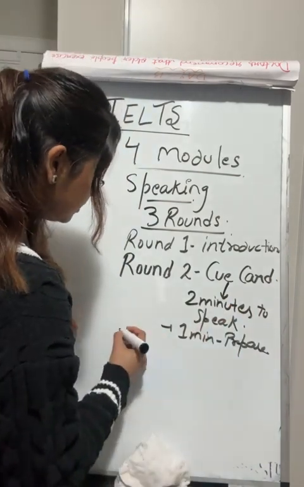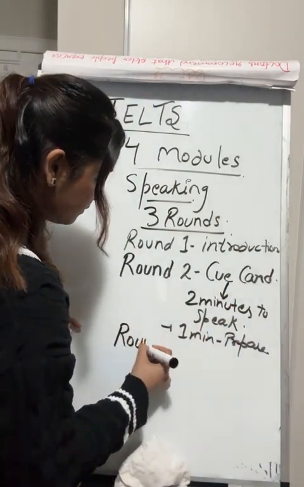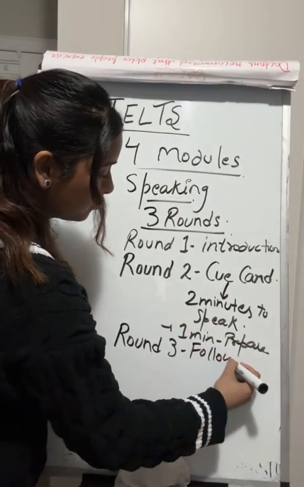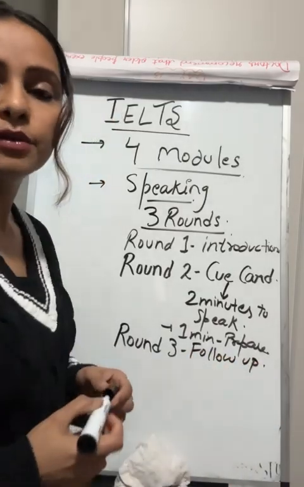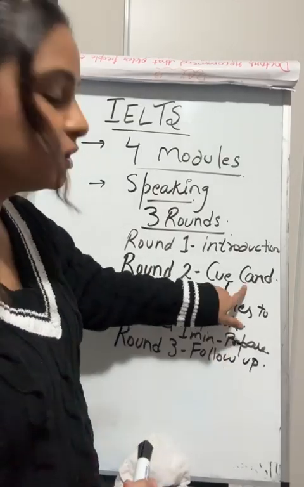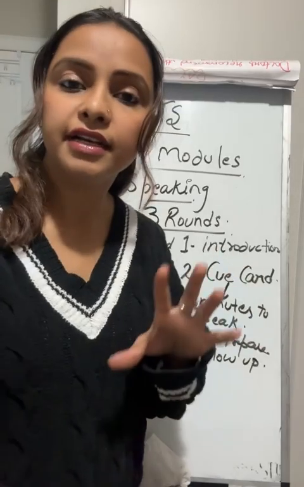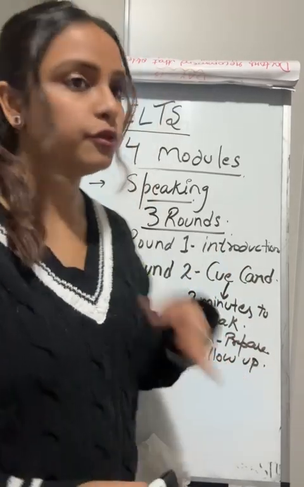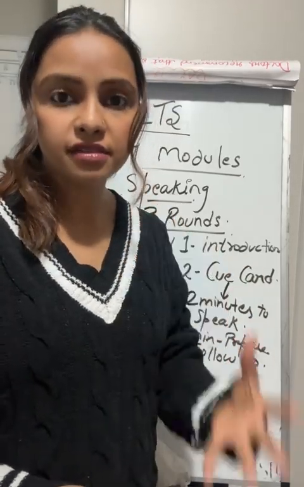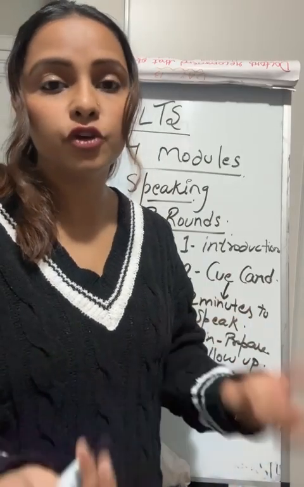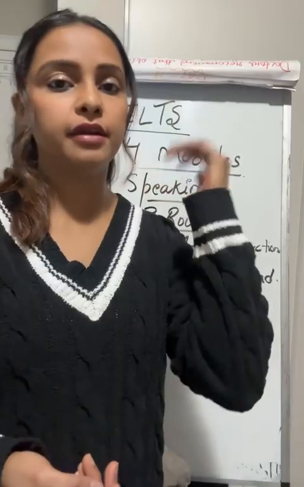The last round is round 3, which is called the follow-up round. Follow-up means the examiner will ask you questions related to the cue card. This is a detailed round, and here you have to give reasons and examples in detail to give your opinion, to prove your point.